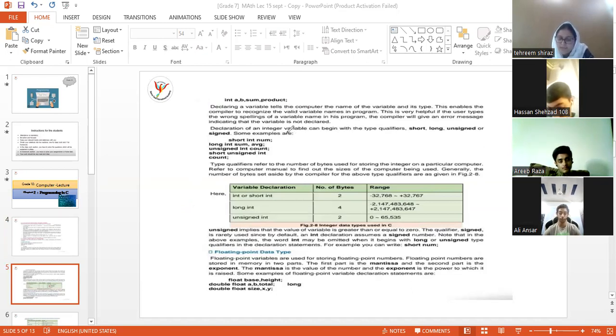The variable of type character holds a single ASCII character enclosed within 2 single quotes, and it occupies only 1 byte of space in the memory. Their range is -128 to positive 127, right?